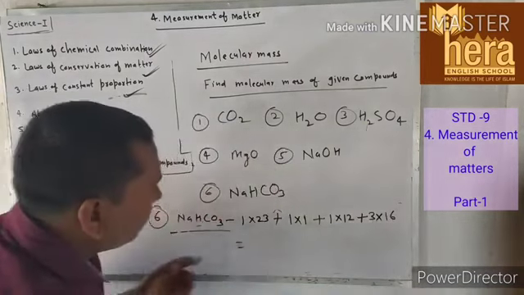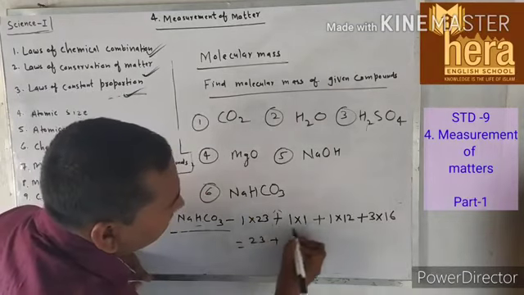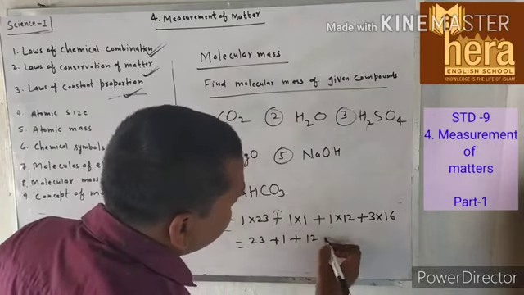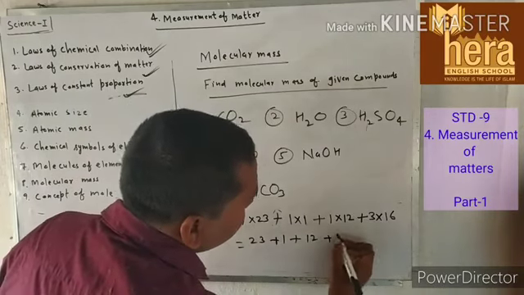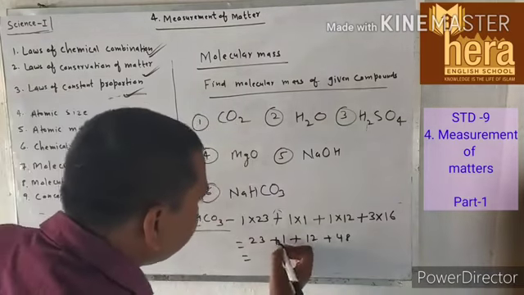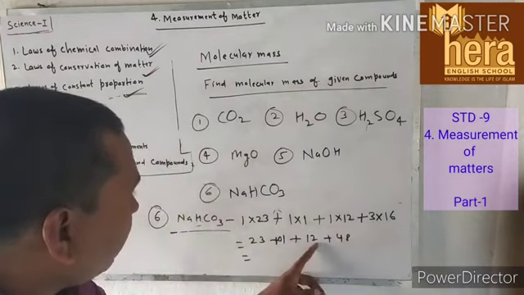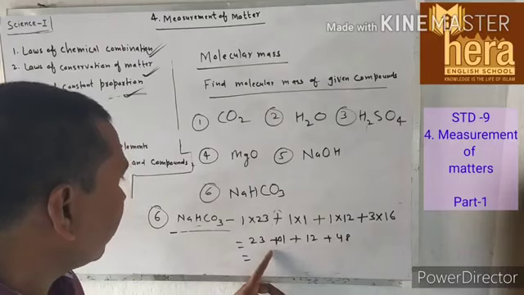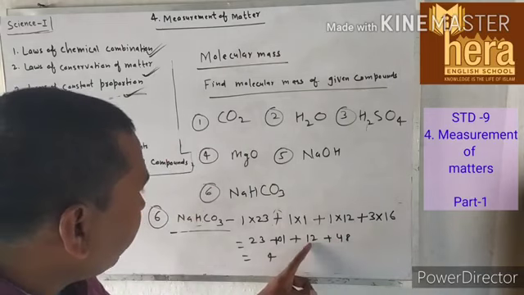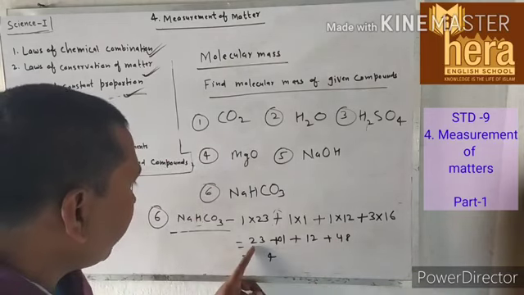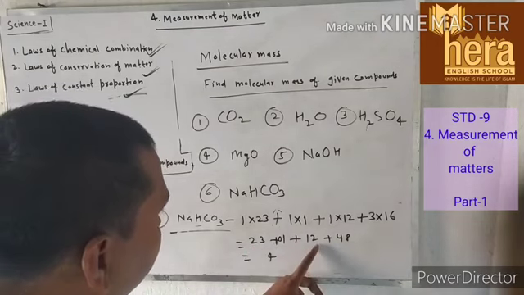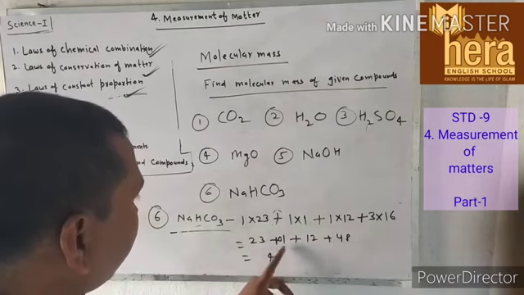Now add: 23 plus 1, plus 12, plus 48. How much is this? 8 plus 2 is 10, plus 8 plus 2, 10, 11, 12, 13, 14.